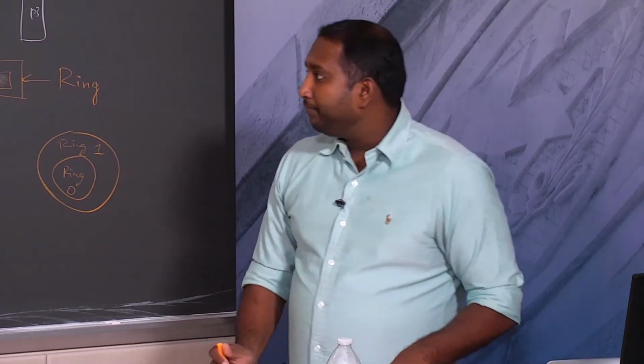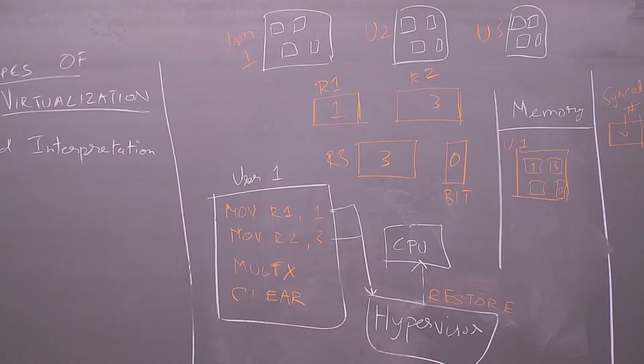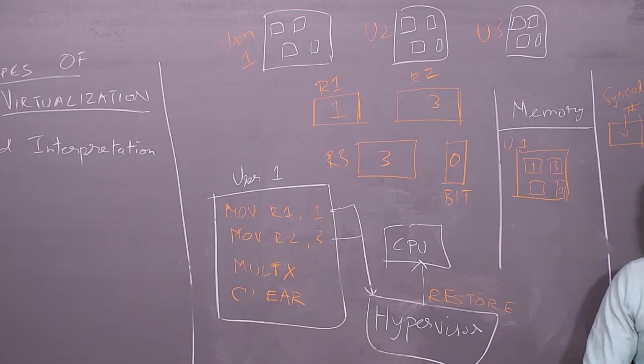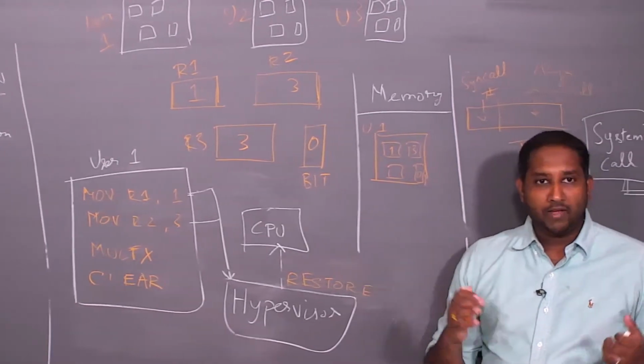Okay. So coming back, what we looked at was hosted interpretation. The idea is that we trap on every instruction. If we can, we then natively do it in hardware. If we cannot do it natively in hardware, we emulate what the instruction was supposed to do. So this is very, very flexible.